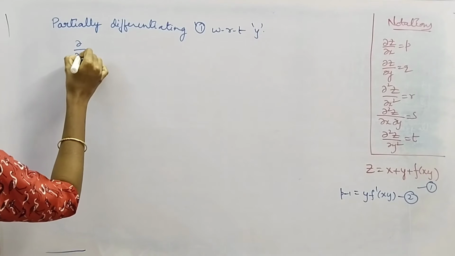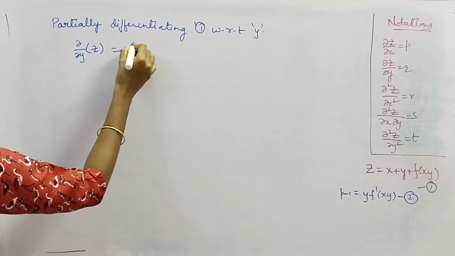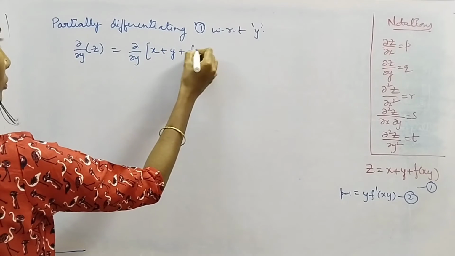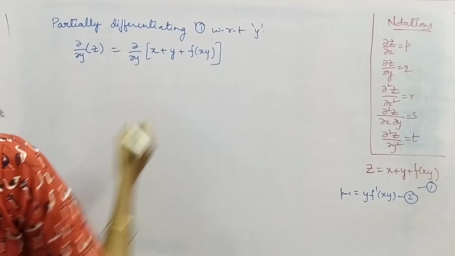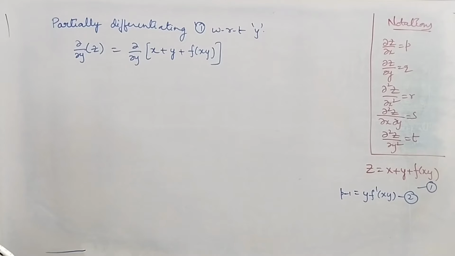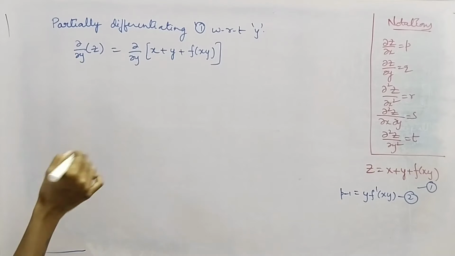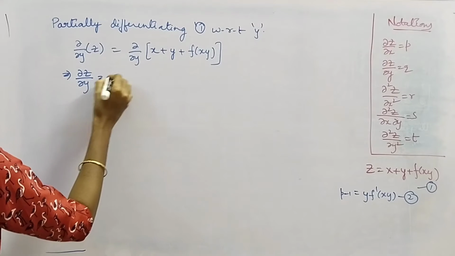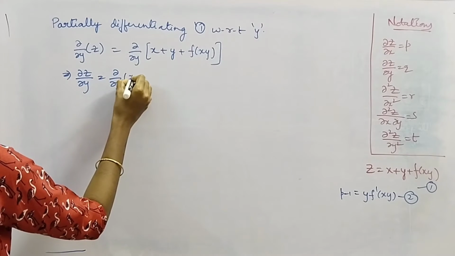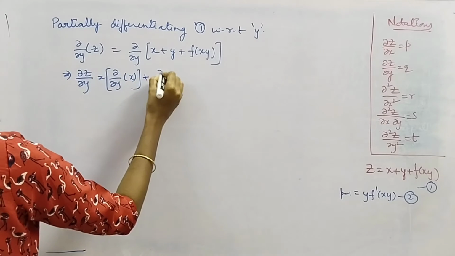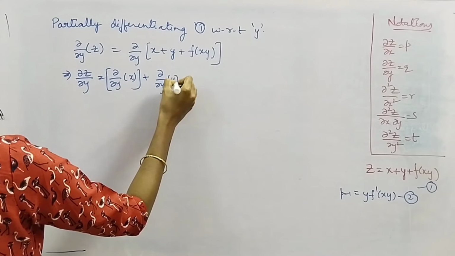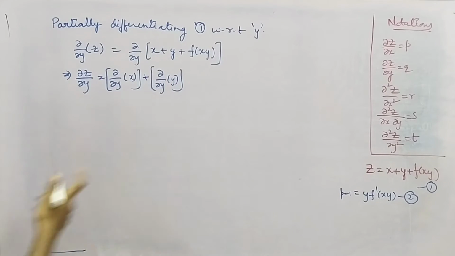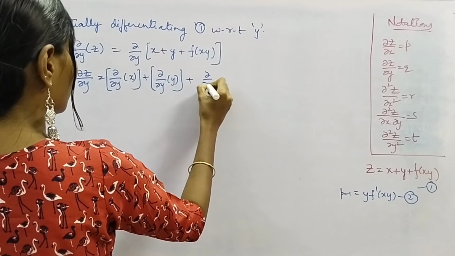Just apply dou by dou y on both sides of 1. Since we are partially differentiating with respect to y, we'll treat x as constant here. This gives us dou z by dou y equal to dou by dou y of the first term plus dou by dou y of the second term. It's not necessary to write these two steps. You can just skip them and do it directly.